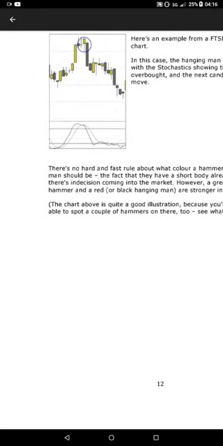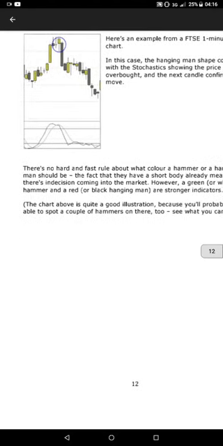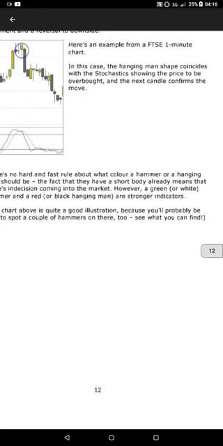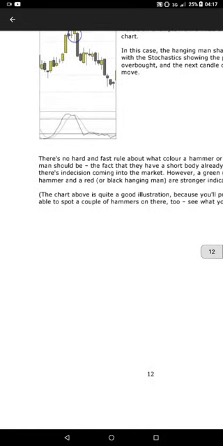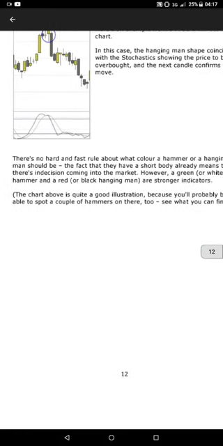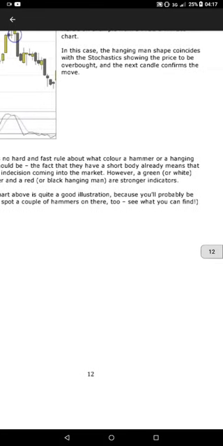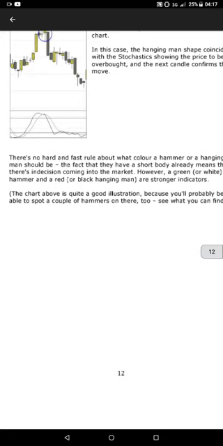Okay, guys, there is no hard and fast rule about what color a hammer or a hanging man should be. The fact that they have a short body already means that there is indecision coming into the market.